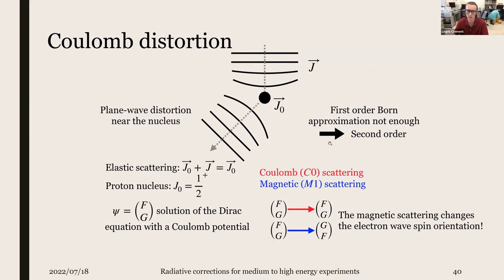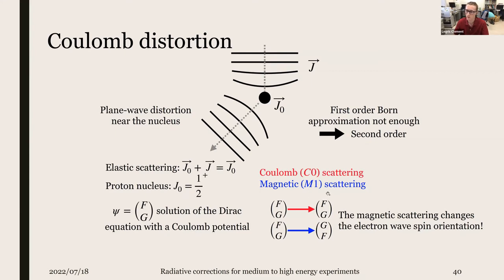We need to go to the second order. Here we are studying the elastic scattering, so the angular momentum of the proton does not change, and it is 1/2. In our case, we face Coulomb and magnetic scattering.